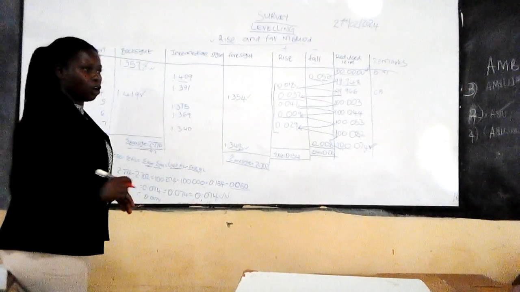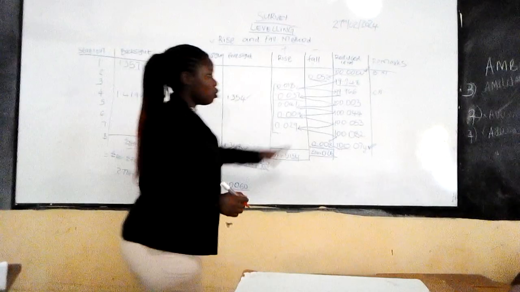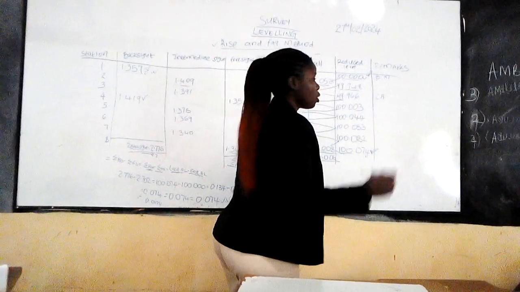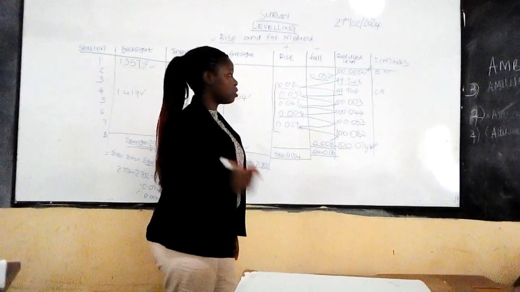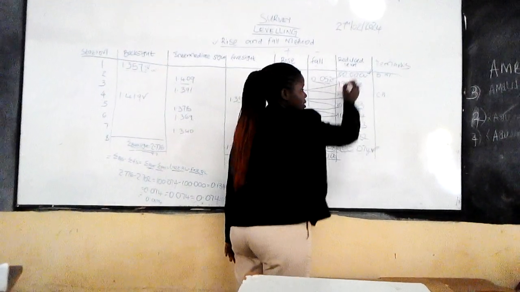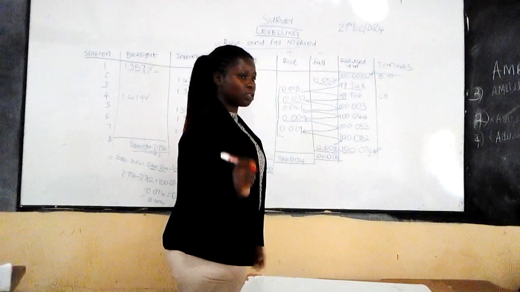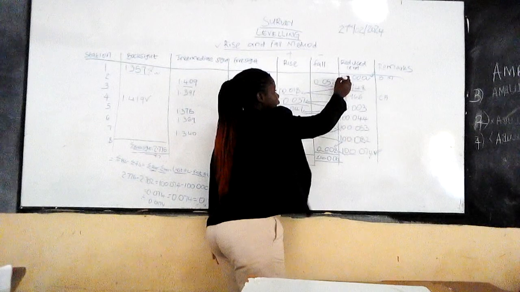After calculating all of that, we go to our reduced level column. In our reduced level column, the first benchmark we place on the first row, whereby our first benchmark is 100.